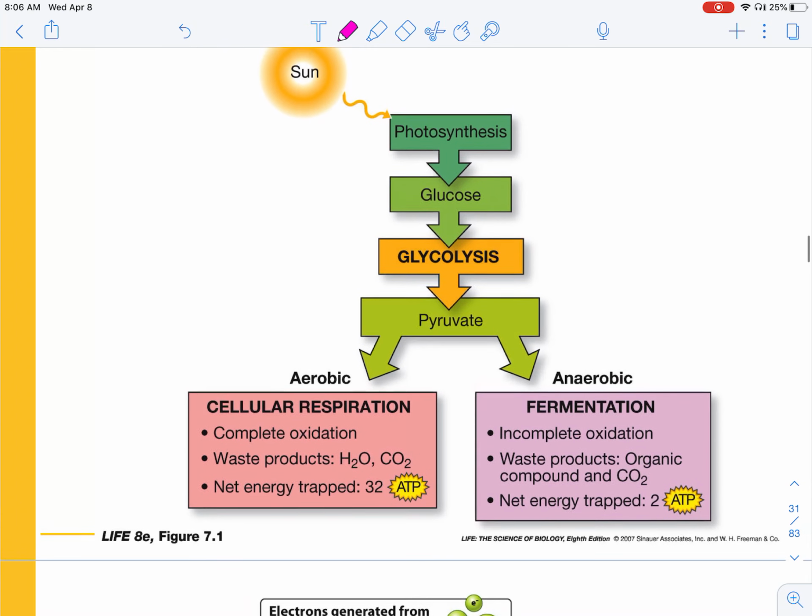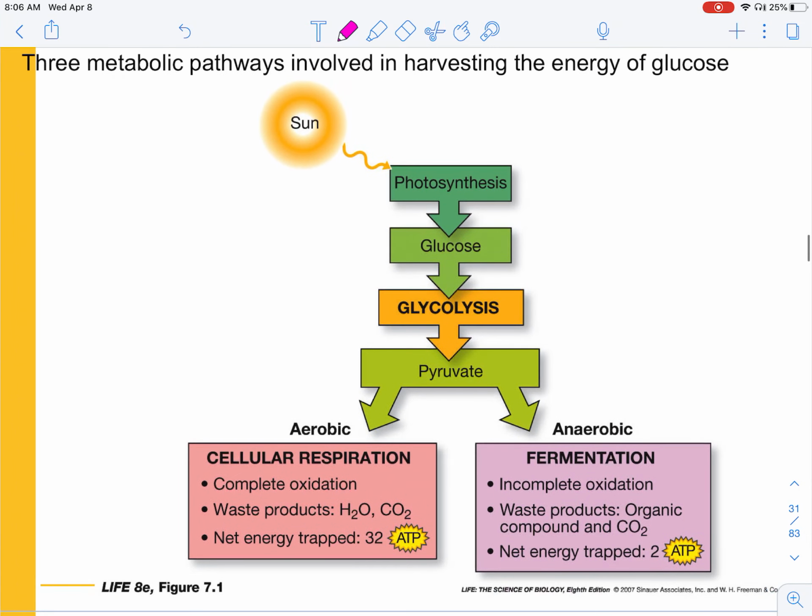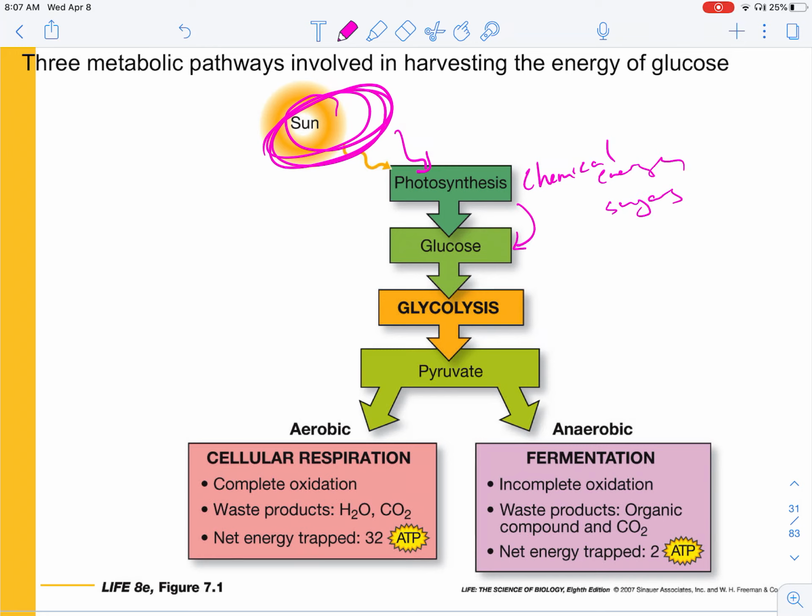And again, if we put this in context of total energy dynamics, the source of all of our energy is the sun. Photosynthetic organisms translate that energy of the sun into chemical energy in the form of sugars, glucose, and then we undergo glycolysis.